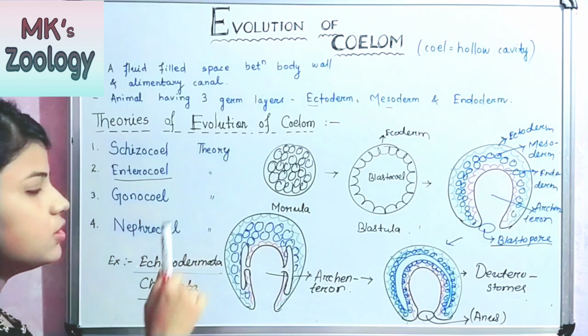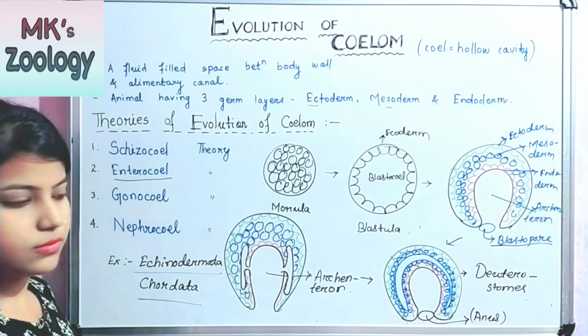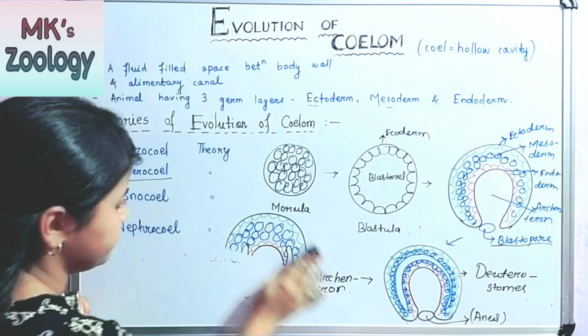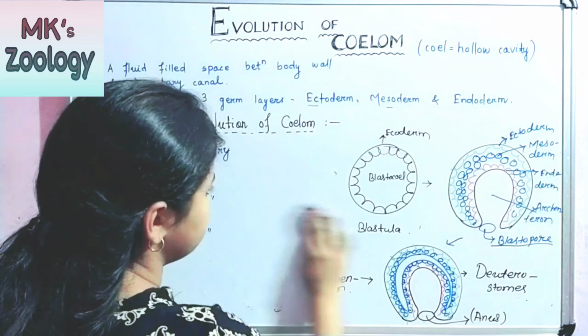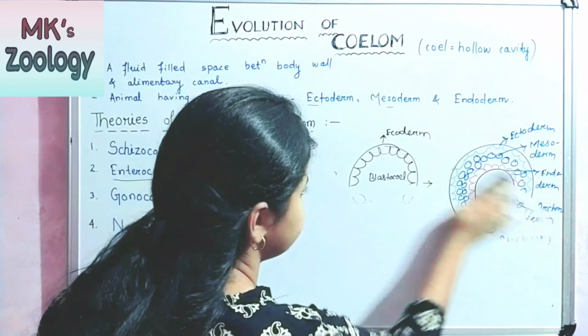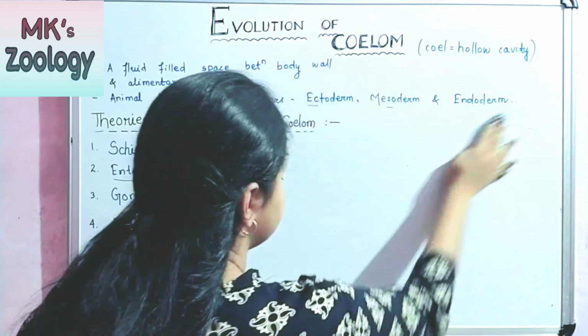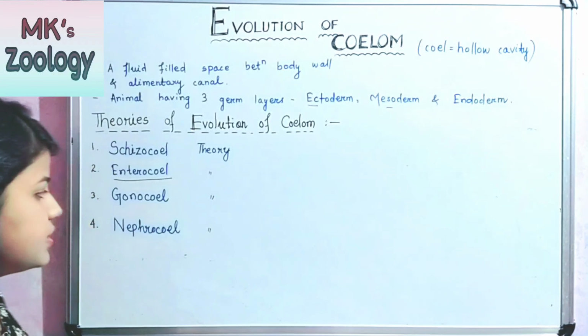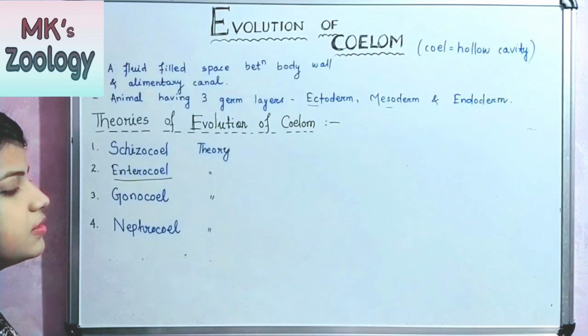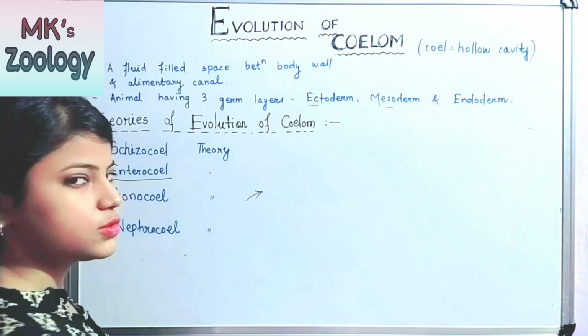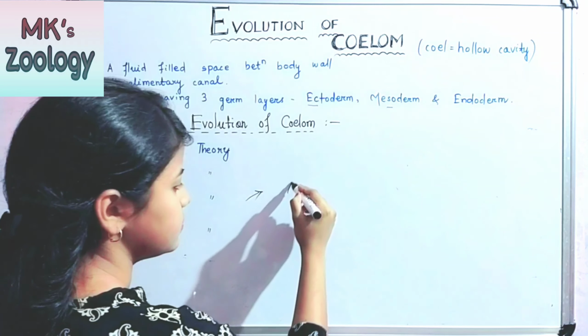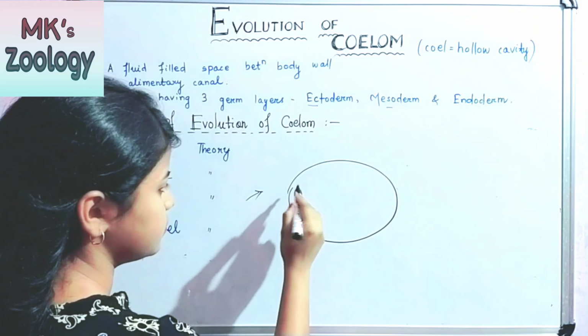The next is your gonocoel theory. In this theory, suppose this is the embryo.